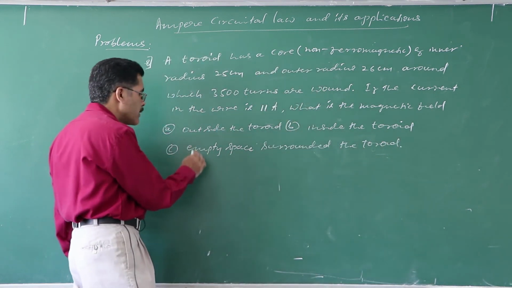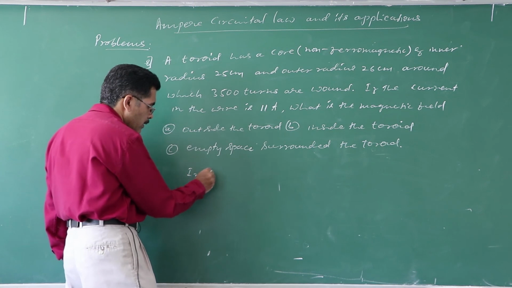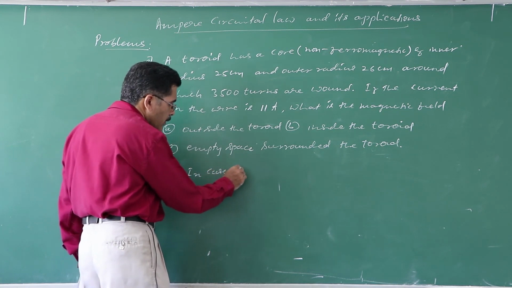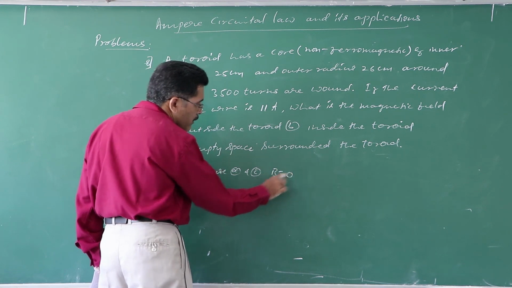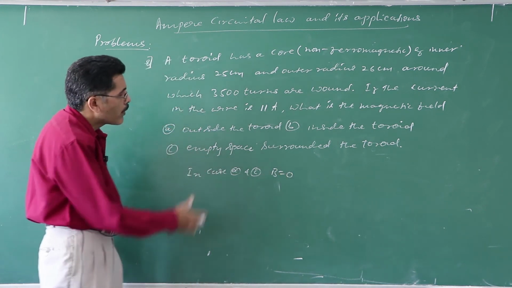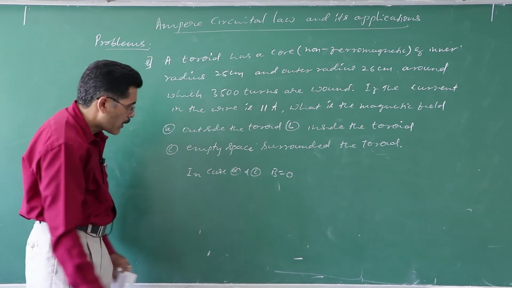See, in case of A and C, you know that the net magnetic field is 0, at any point outside the toroid or in the empty space.